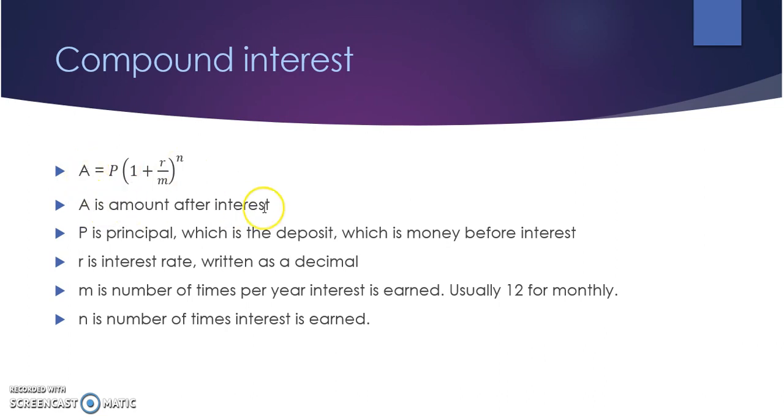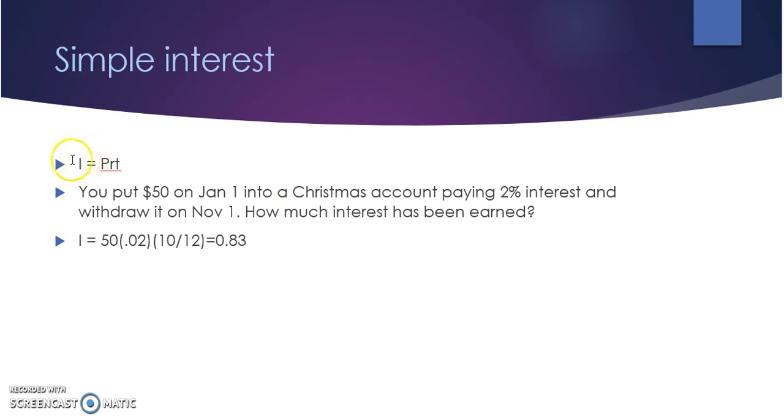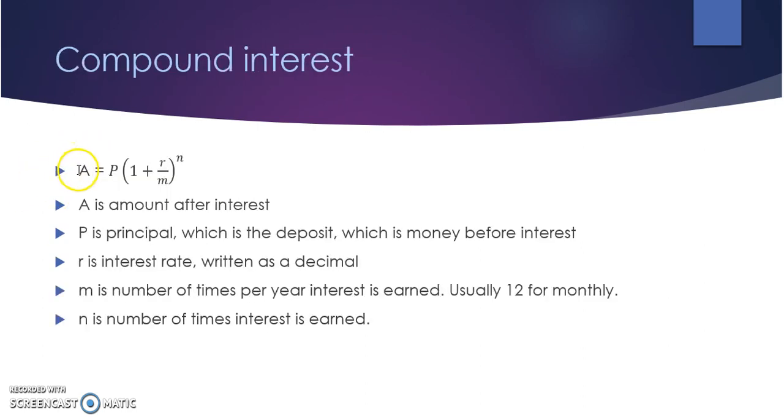So we have the amount after interest. Whereas the other formula I just gave you was the interest, this A is the beginning amount plus the interest added on. P is the principal. It's actually the same thing as in the simple interest formula. It's the deposit you make, the money before you have interest. This is the principal with a PAL.